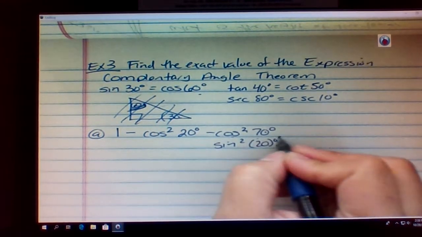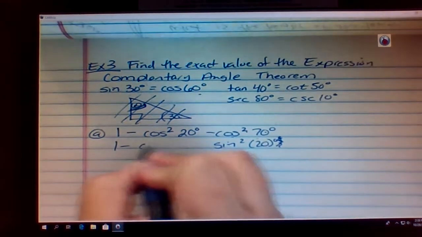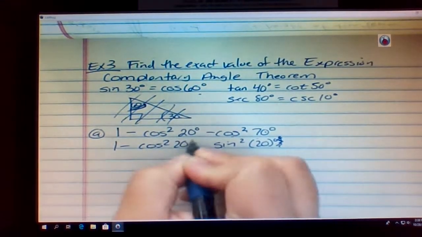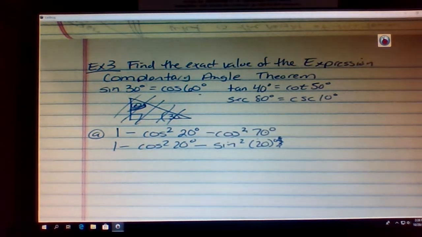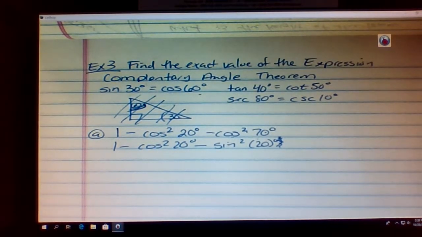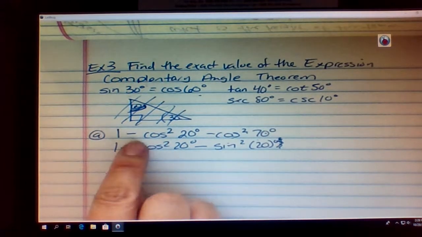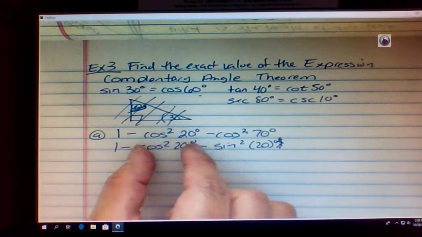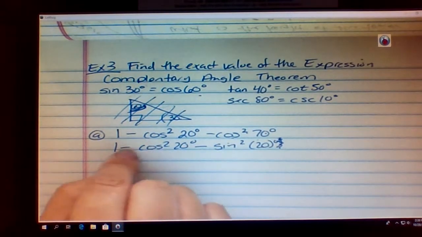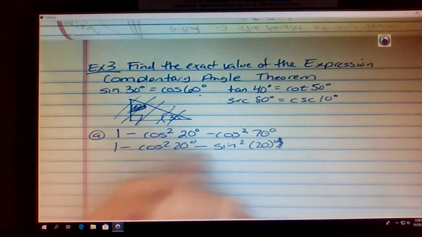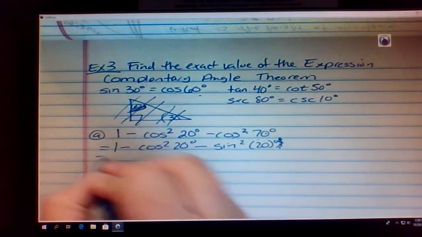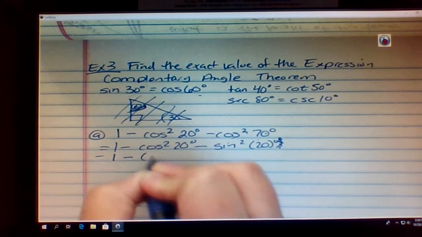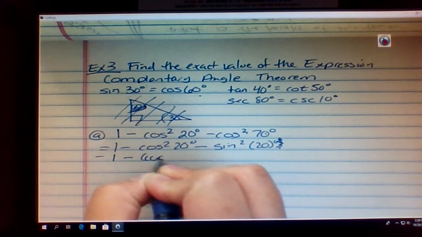Now, we have learned from the Pythagorean theorem, well, first of all, what do these two things have in common? They both have a minus in front, right? So can you factor out the minus? This becomes negative, cosine squared of 20 plus sine squared of 20.